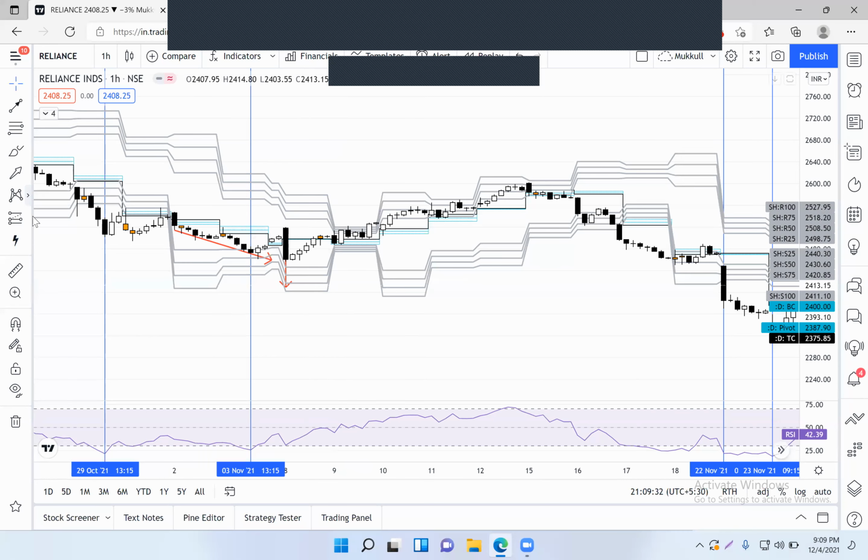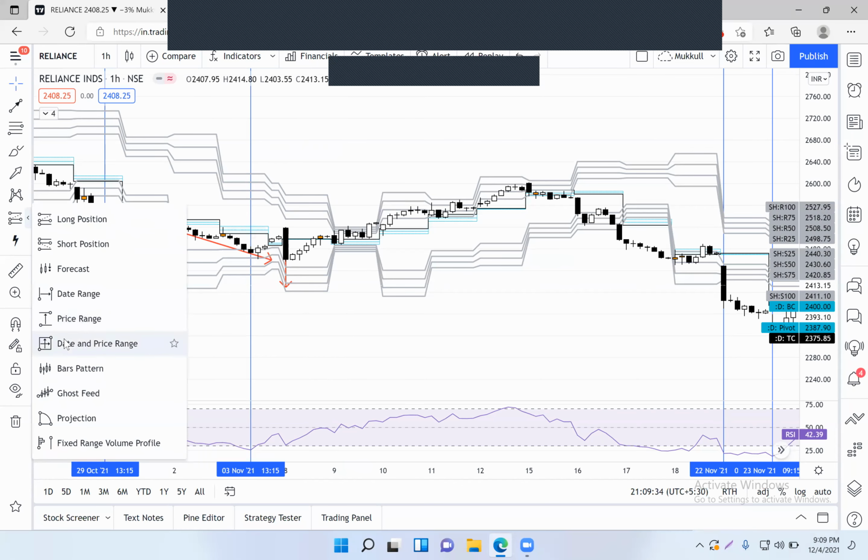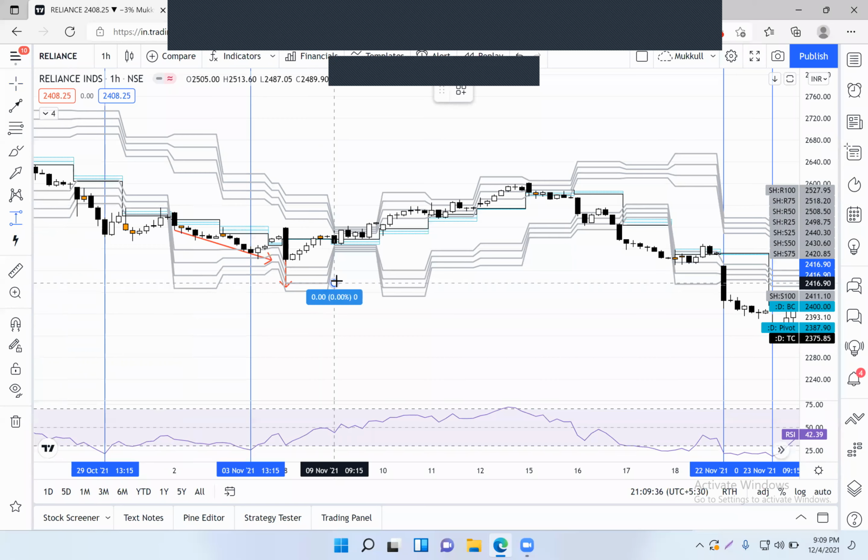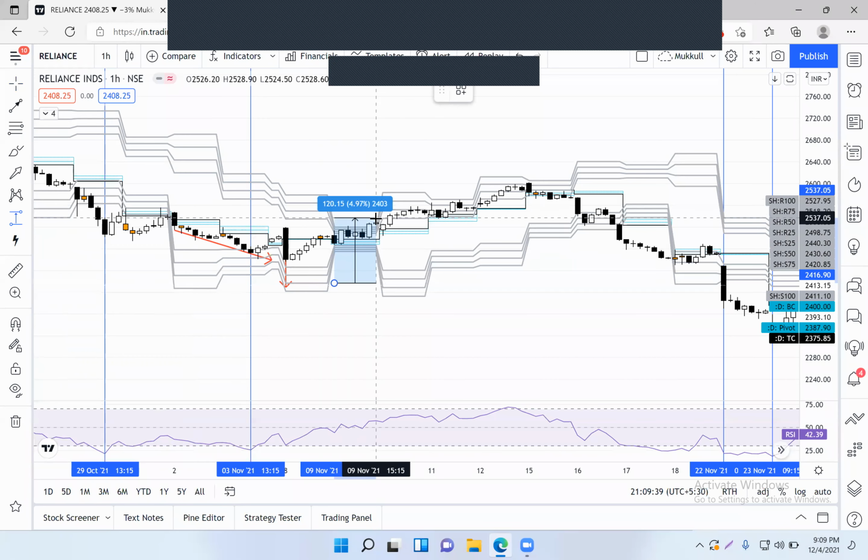Okay, how much would be that? Almost 4%? अगर same day ऐसा कुछ move आ रहा है तो, right?